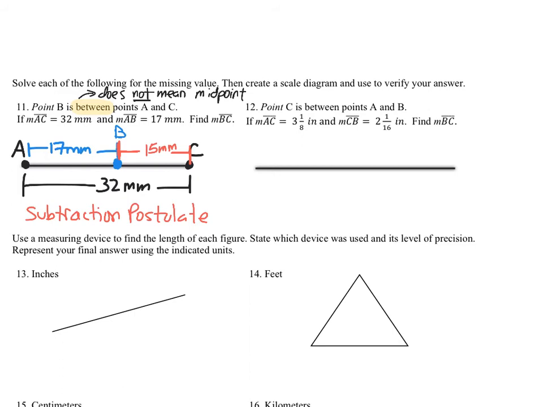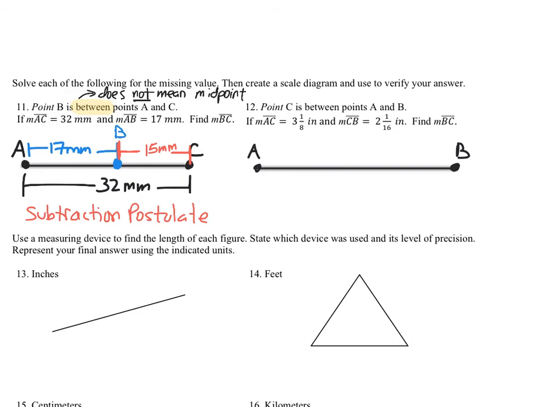So point C is between A and B. The same setup. Well, kind of. 3 points, one in between the other. Now, AC is 3 1/8. CB is 2 1/16.